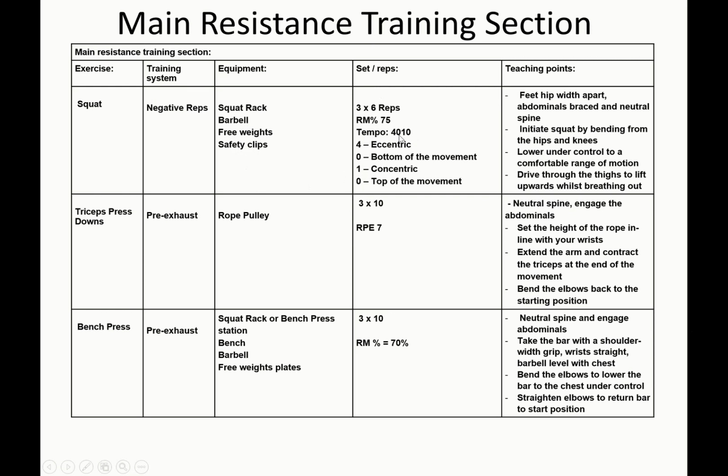And each number represents each aspect of the lift. So we'll have the eccentric portion of the lift, the bottom of the movement, the concentric portion, and then the top of the movement. And you'll notice that in order to spend more time under tension, we must spend more time lowering or lengthening the muscle, which of course is consistent with eccentric contraction.